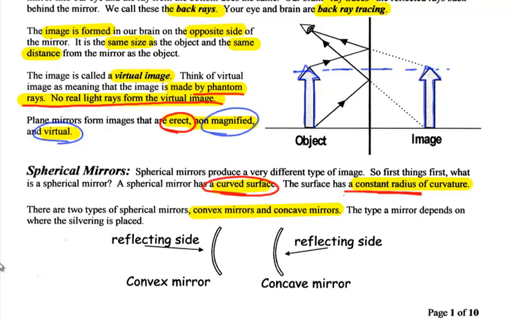There are obviously mirrors or surfaces out there that don't have to have a constant radius, but all of ours will. And we are going to deal specifically with concave and convex mirrors. If this is the reflecting side over here, this is the convex mirror, and if this is the reflecting side over here, then it's said to be a concave mirror. And you've got to be able to keep those two straight.